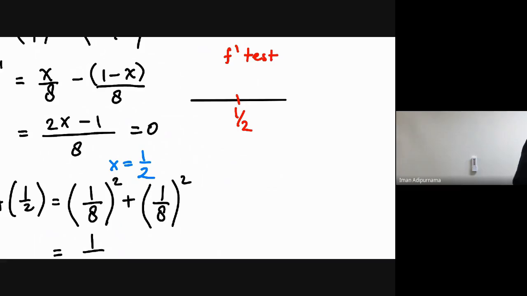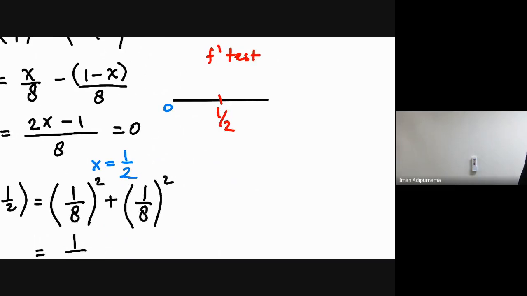The f prime test. Now, what is your endpoint? Your wire is 1 meter length, right? So let's say our endpoint is 0 to 1. What is happening here?